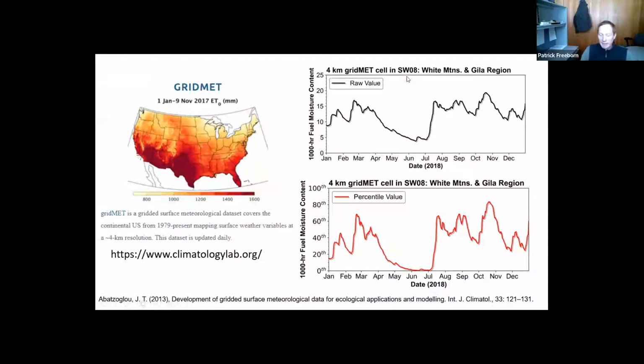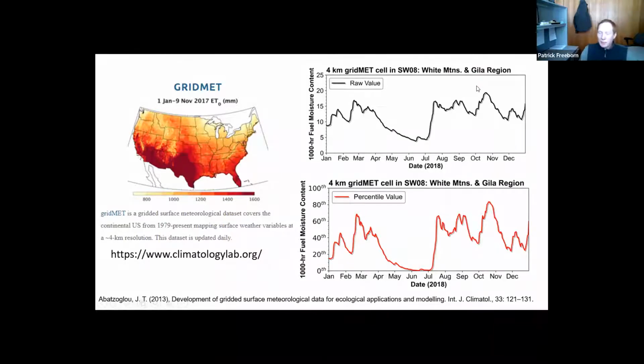Yeah, so this is a trace of the raw values for a single 4-kilometer grid cell in our predictive service area. Now, due to geographical variations in the local climate, there are some places across CONUS that never experience 1,000-hour fuel moistures as low as 4%. Also, there's locations across CONUS where the 1,000-hour fuel moisture content well exceeds 20%.